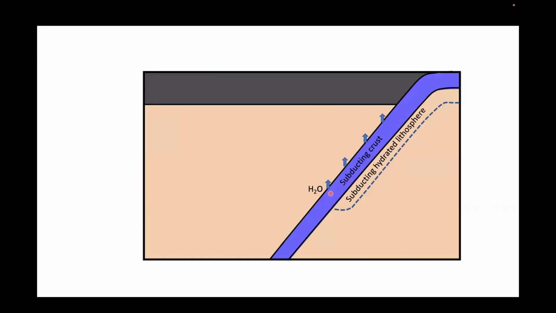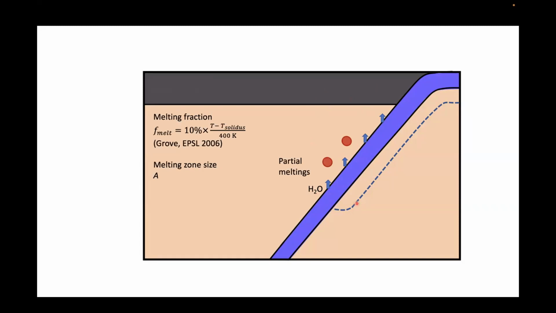In the region with water, there's a potential of melting, and we can check the temperature to see which region is melting. For example, we got two regions that are under partial melting. Then by looking at the difference between the temperature and the solidus temperature, we can estimate the degree of partial melting.